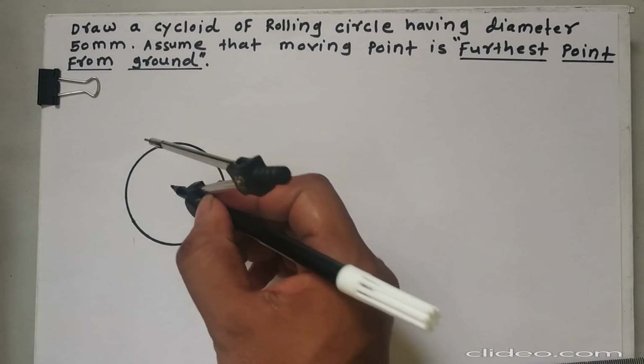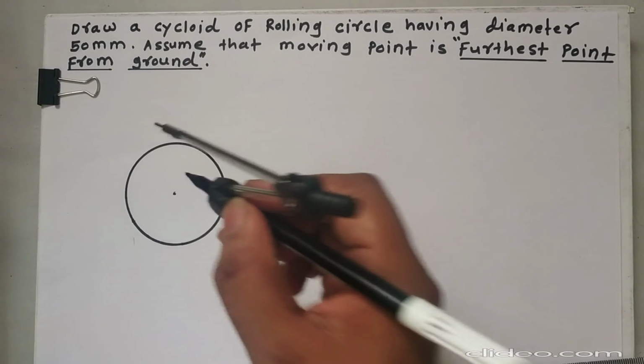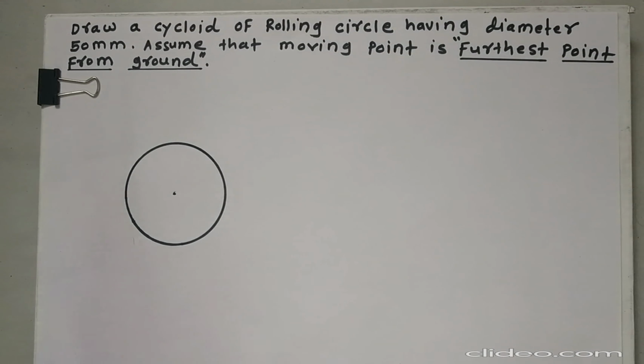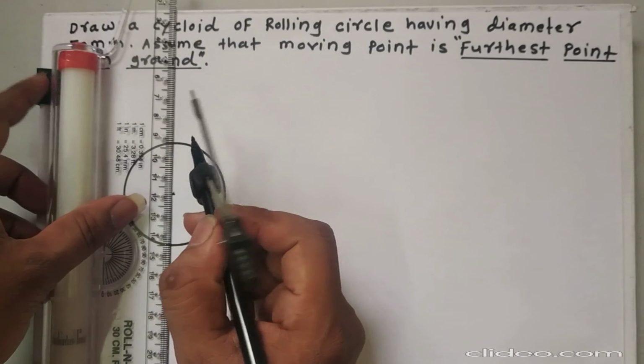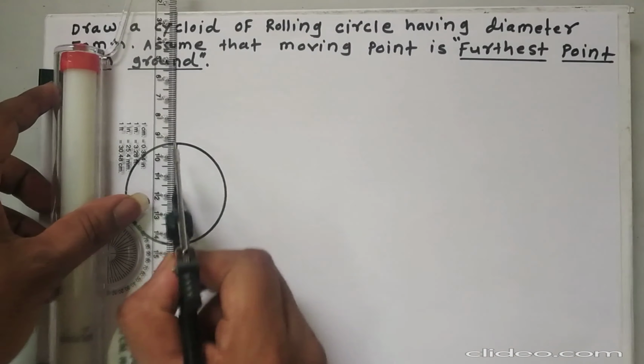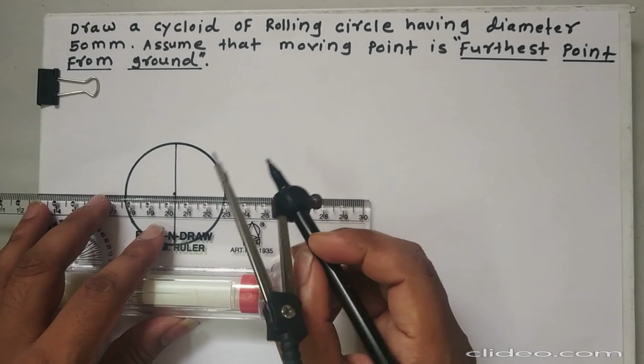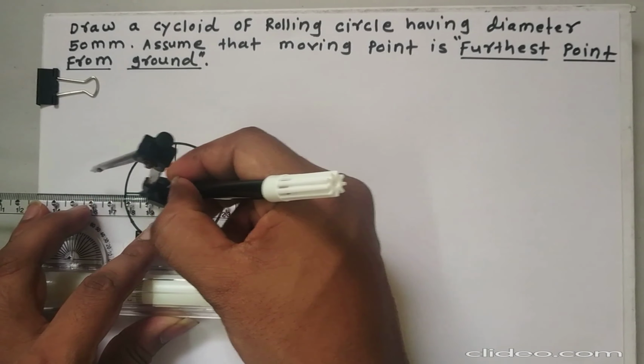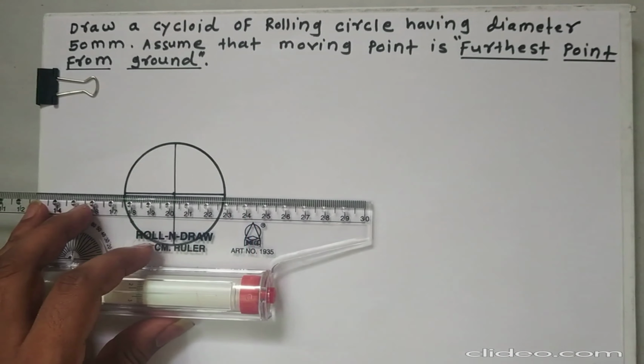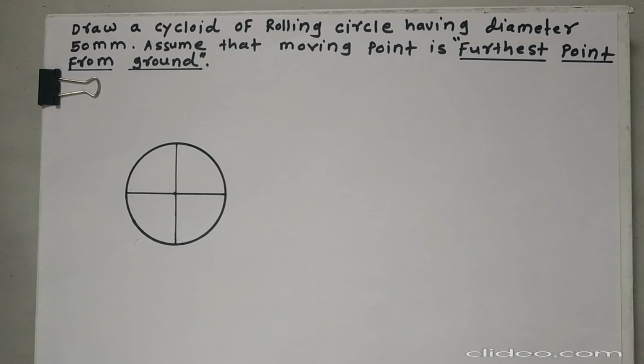Mark the center point. Next draw two diagonals. Next we need to divide the circle into 8 equal parts.